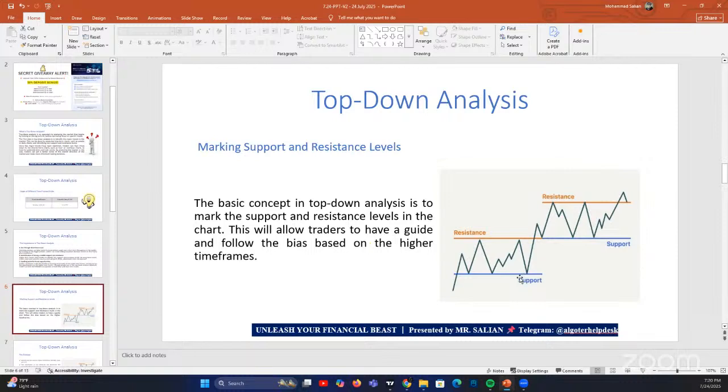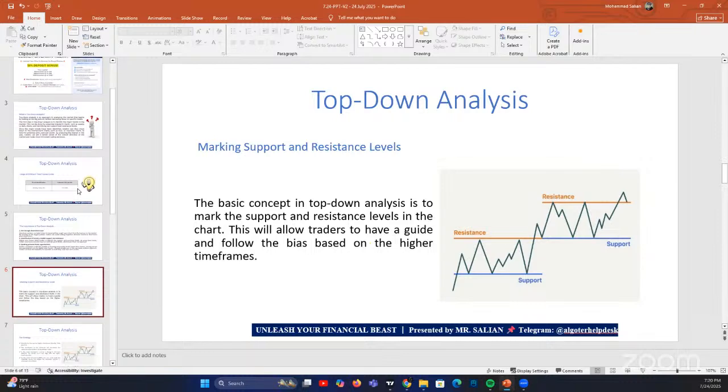And then in some time it will break this resistance, now forming the support. And from there you can have this trading range, from the support to that resistance, and so on and so forth. That's basically the top-down analysis. It's very easy to follow. Okay, moving on.